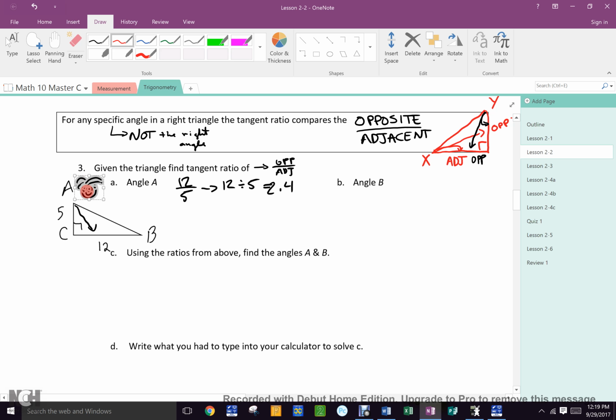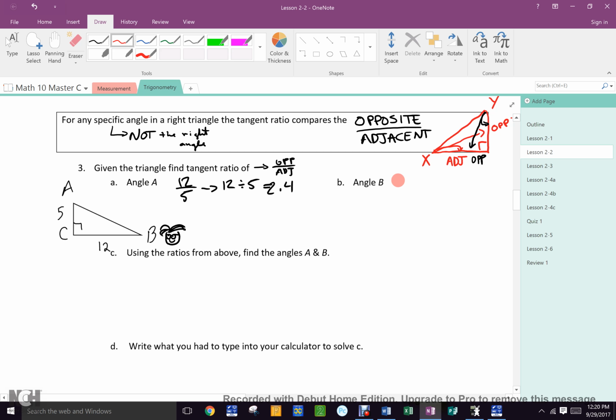If I slide down the triangle, woo! Now, I am in a new spot in the triangle. Does the triangle look different to me? Yes. I want the tangent of B. Does the tangent change, or is it always opposite over adjacent?